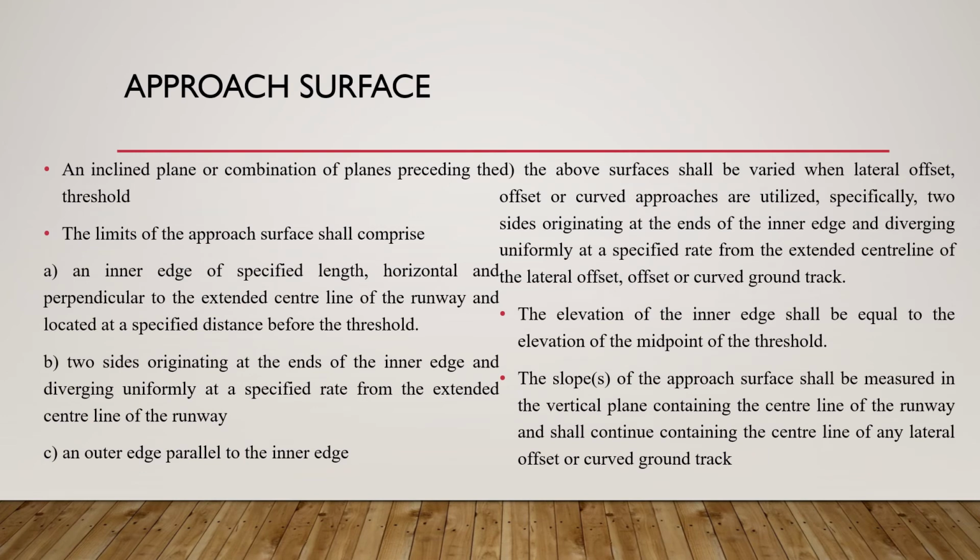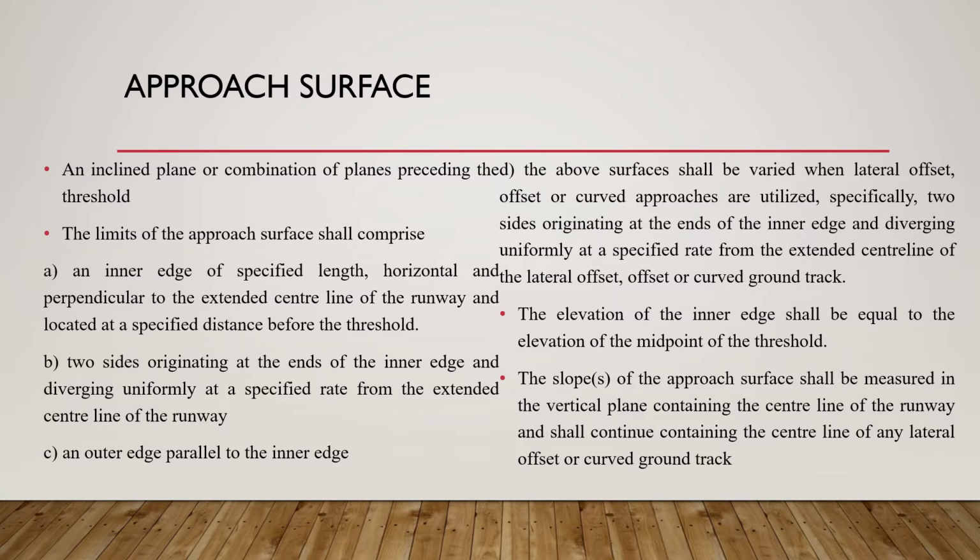The next surface which we are going to see is the approach surface. This is an inclined plane or a combination of planes which precedes the threshold. This surface is designed in order to clear the obstacles in the approach area of the airport. The limits of the approach surface will be an inner edge and an outer edge, again as we saw in the takeoff climb surface.